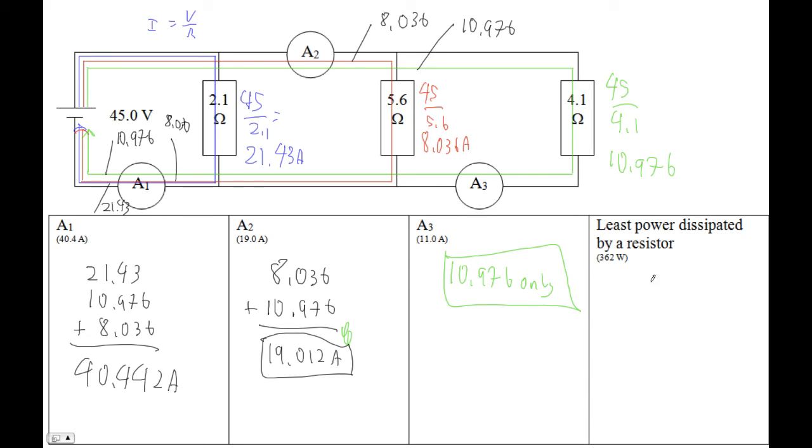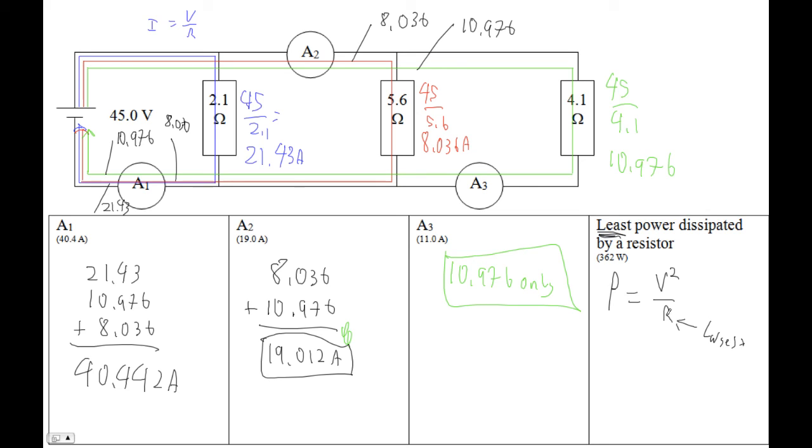All right, and now let's do the least power dissipated by a resistor. Let me give you a clue. On these parallel circuits, we know the voltage and the resistance, and our power is voltage squared divided by resistance. So to get the least power, we're going to use the largest resistor.